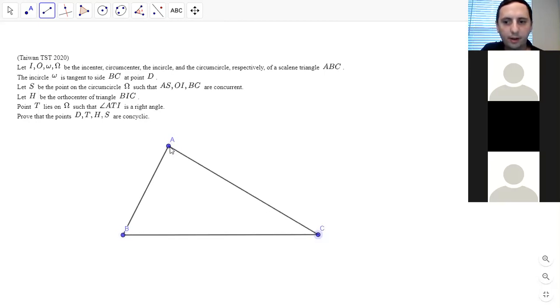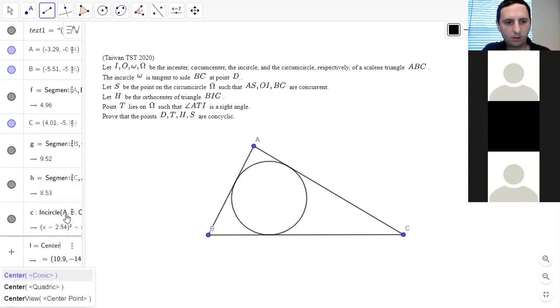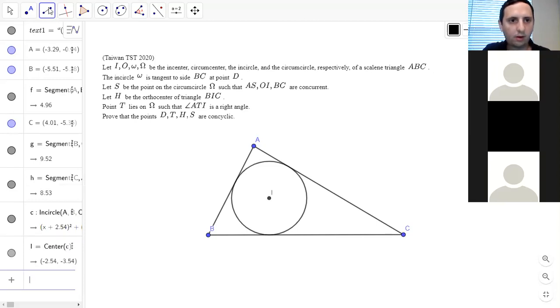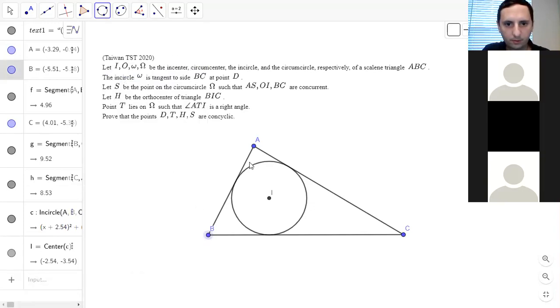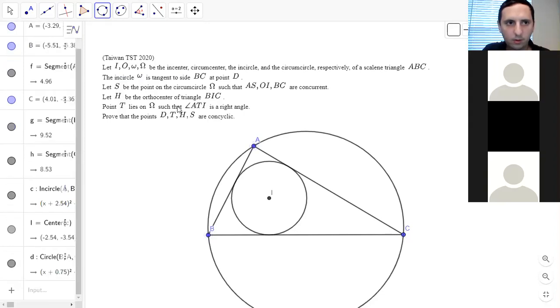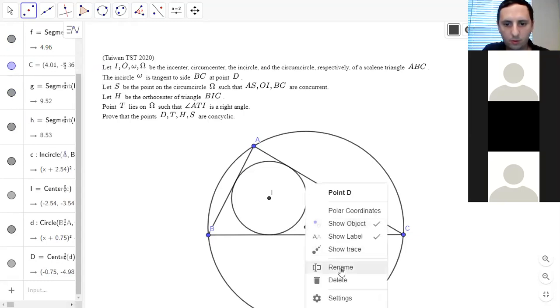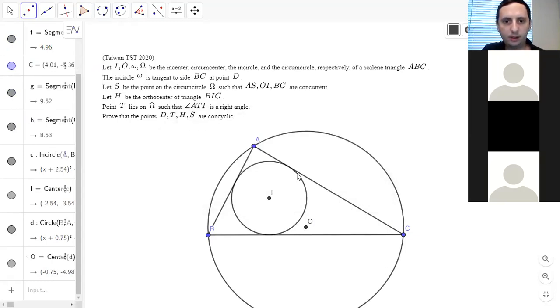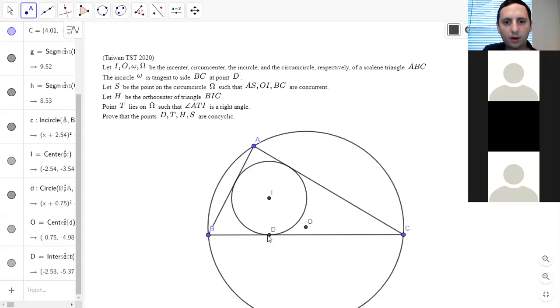Oh, this is a problem with O and I. Then let's draw the circumcenter, O, and that's D. And then AS, OI, and BC are concurrent.